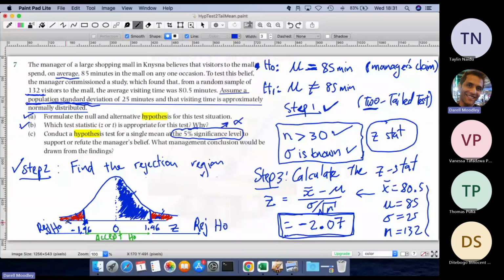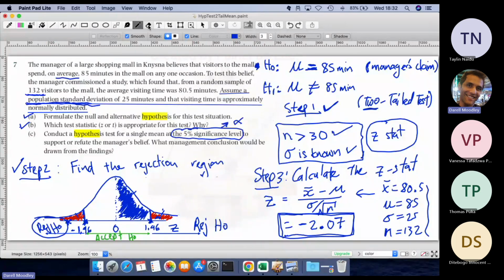All you need to know is, does it lie on the left of minus 1.96 or on the right? And it lies somewhere around here. So that means it does fall in the red region. That means we reject H0. And that's your step 4. Step 4 is just determining whether you reject H0 or accept H0. And so we reject H0.